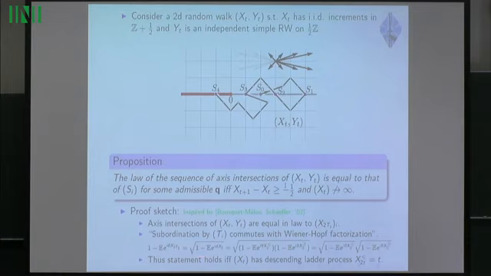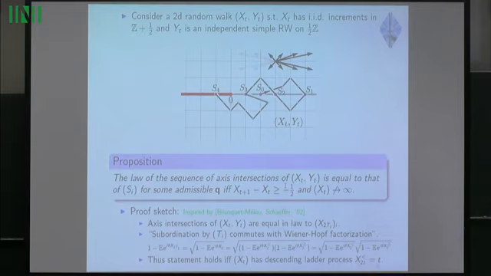But okay, taking square roots and factorizing, that is a nicely commutative operation. So what one gets is that the Wiener-Hopf factorization of the subordinated process is really just the subordination of the factorized process.